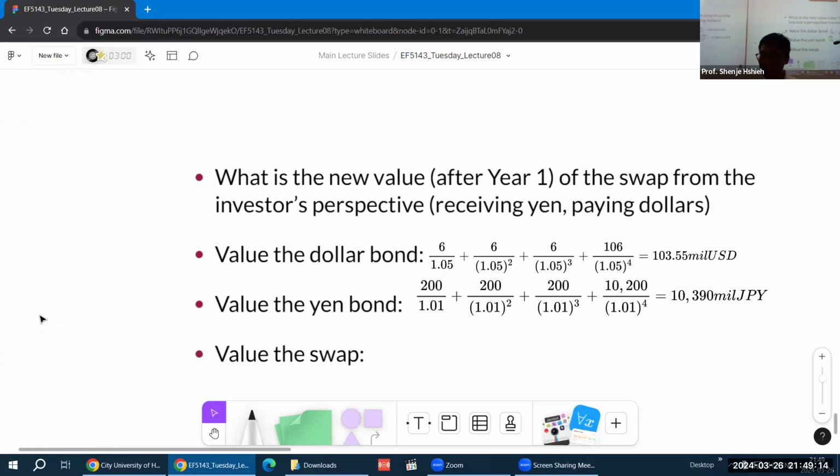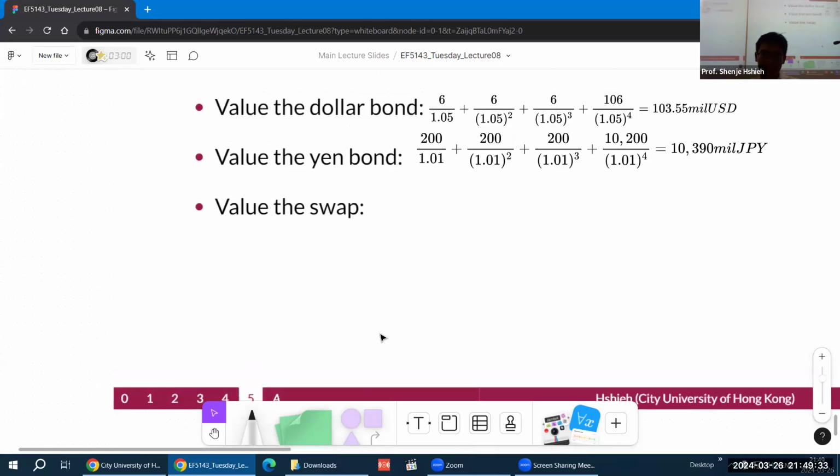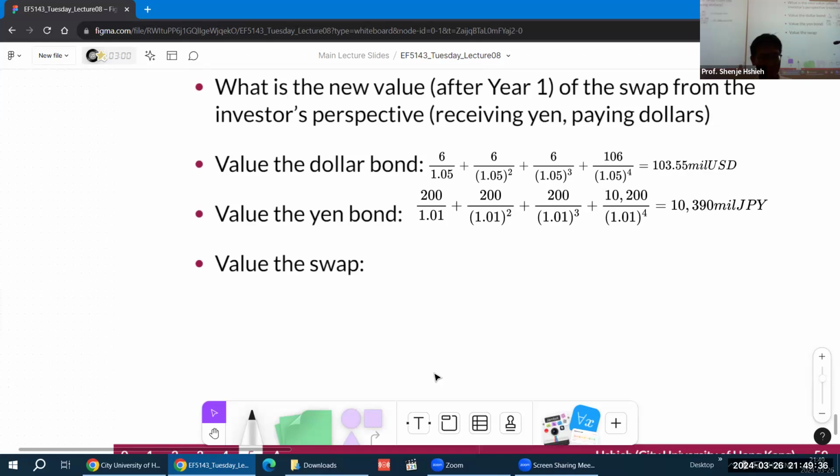And you notice that each leg actually becomes more valuable, right? More than one because the discount rate is lower, right? 103 million for US dollars instead of 100, and it's 10 billion and 390 million Japanese yen instead of 10 billion. The value of the swap from the perspective of the long leg, let's just do that.